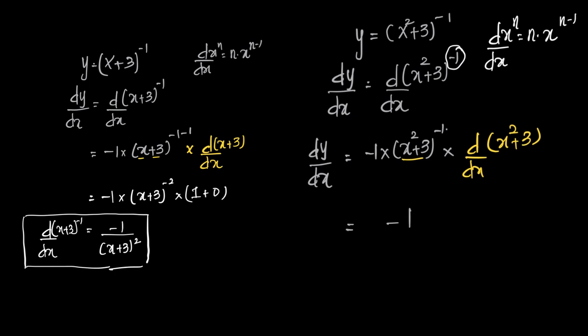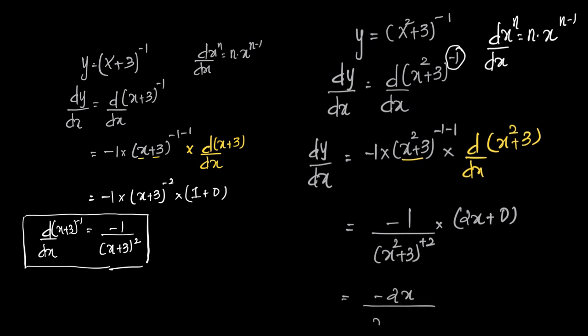Okay, so this is minus 1 by (x square plus 3) to the power plus 2 into the derivative of x square, which is 2x. What is the derivative of 3? It is 0. So this becomes minus 2x upon (x square plus 3) the whole square.